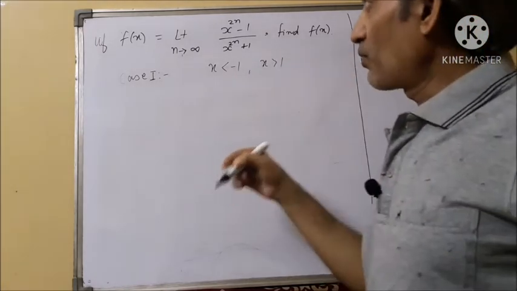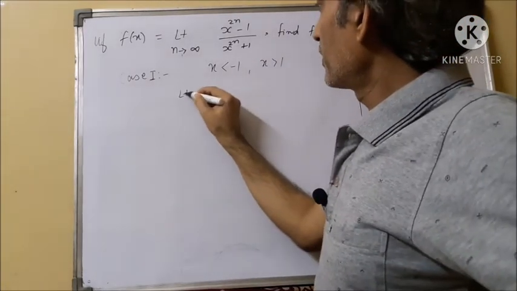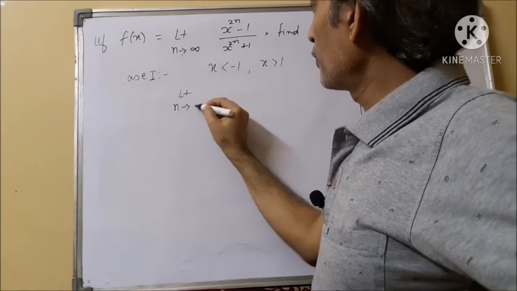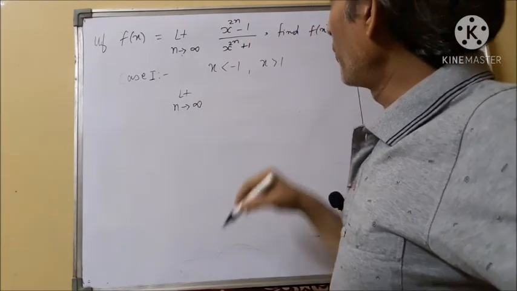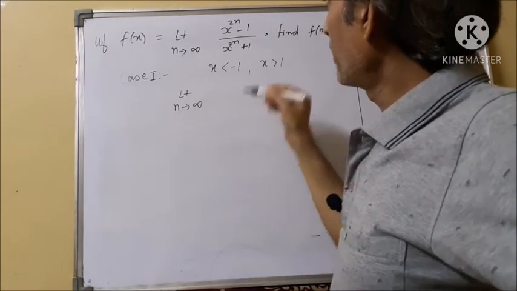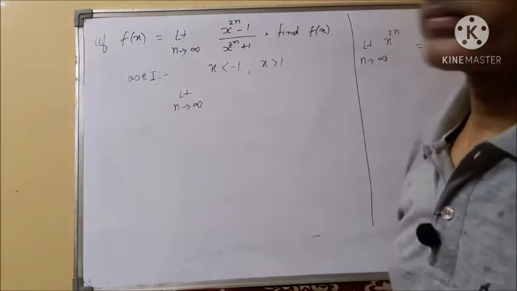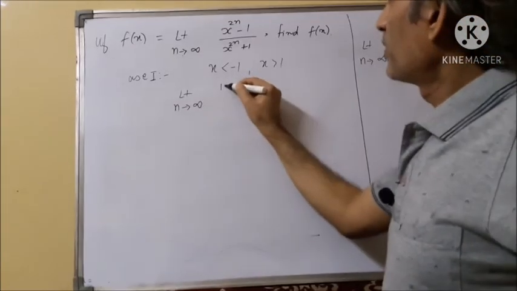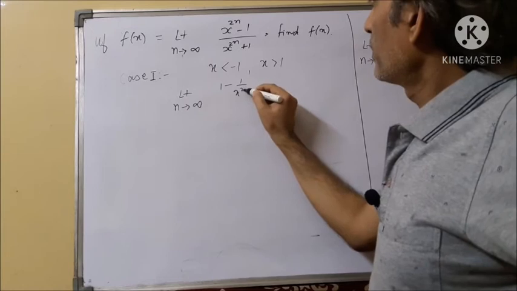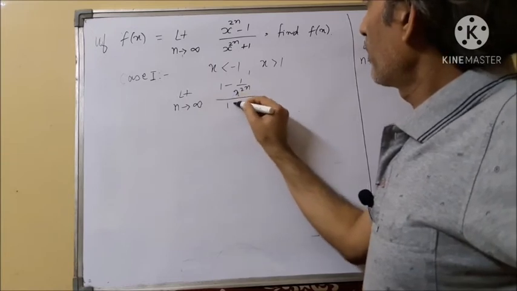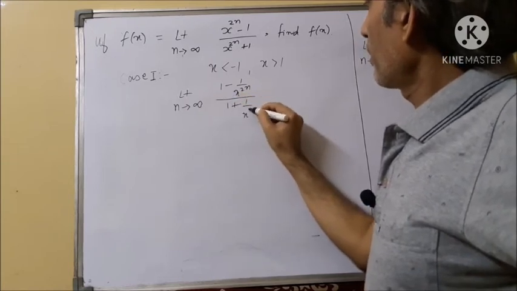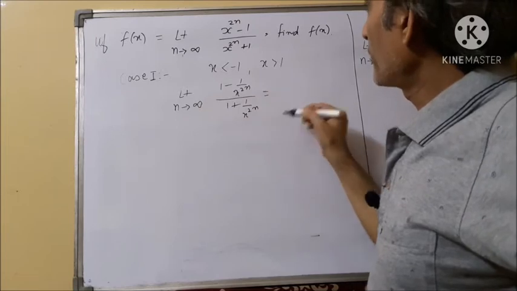So in this case what we will do is, limit n approaching infinity, we will divide the numerator as well as the denominator by x raised to the power 2n. Now put the limits.